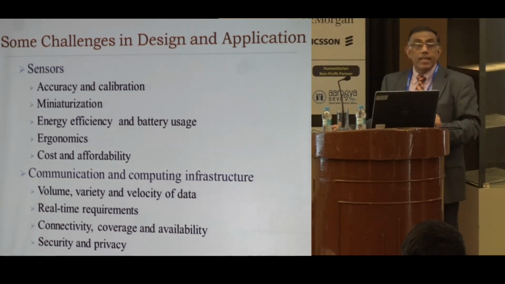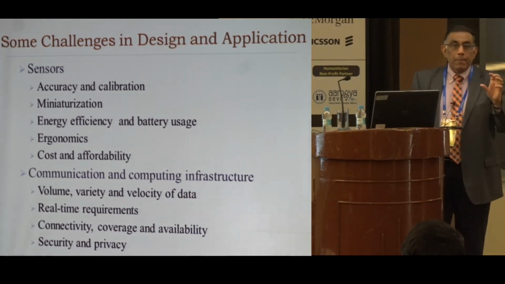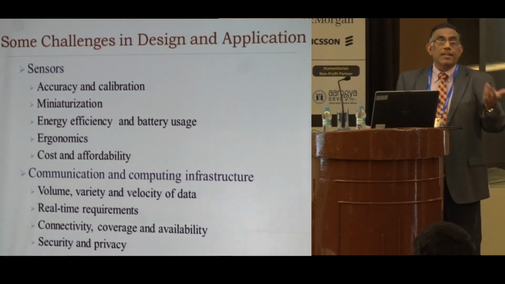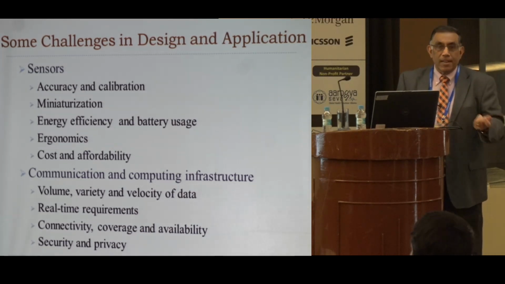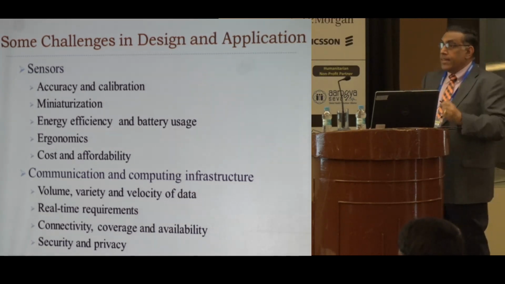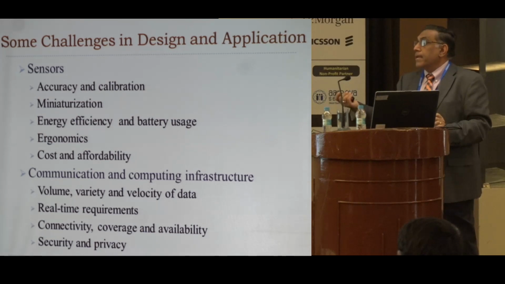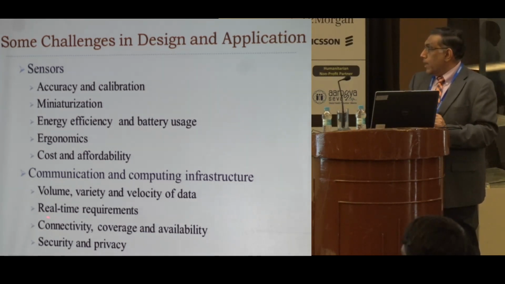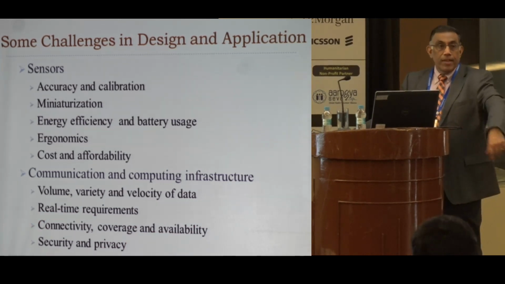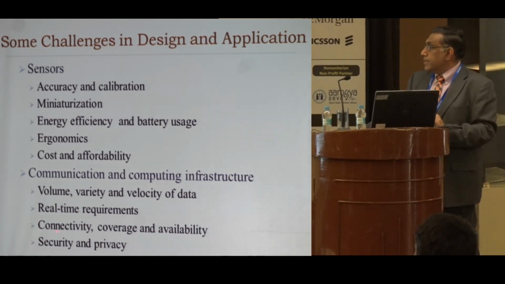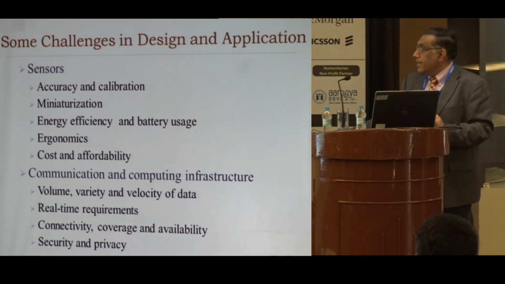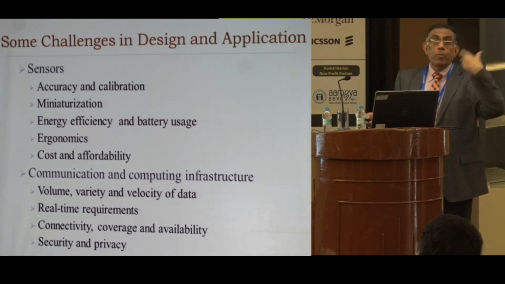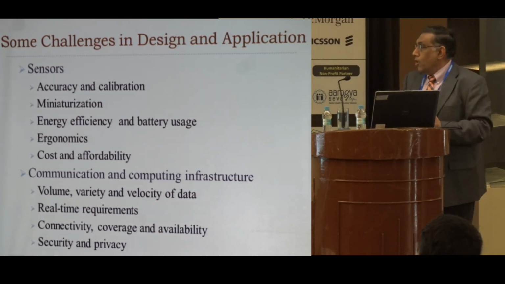And if you have real-time requirements, there are some applications where it doesn't matter when you get to know, but for a heart attack, that is time critical. So there is a real-time requirement, but in some cases you can wait a day. Some applications require that. If we are doing a lot of networking with body sensor networks, connectivity, coverage, availability, and security and privacy we talked about. So there are lots of these open challenges for all of you to work on.